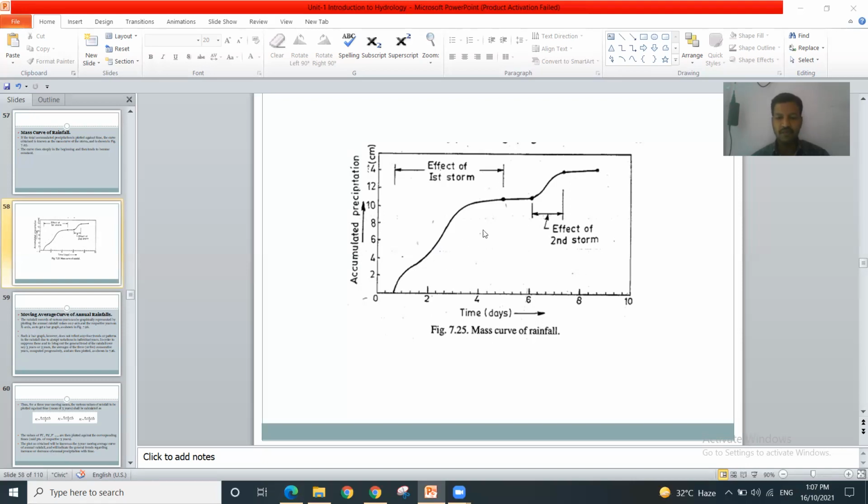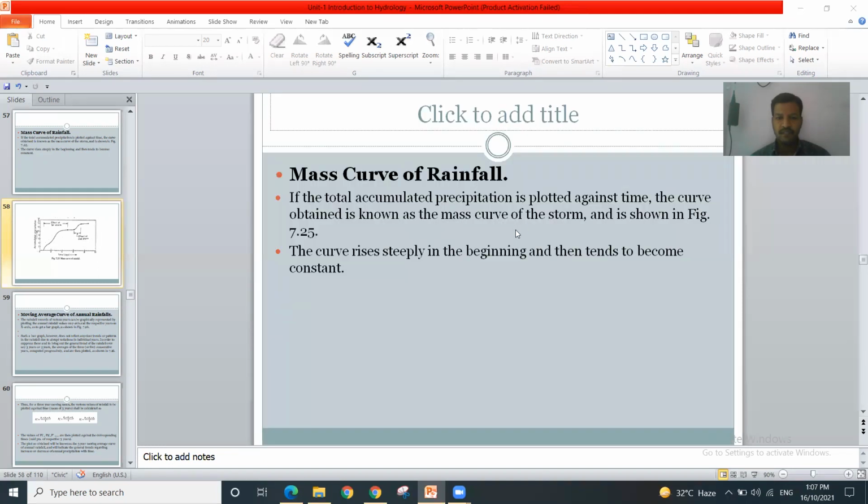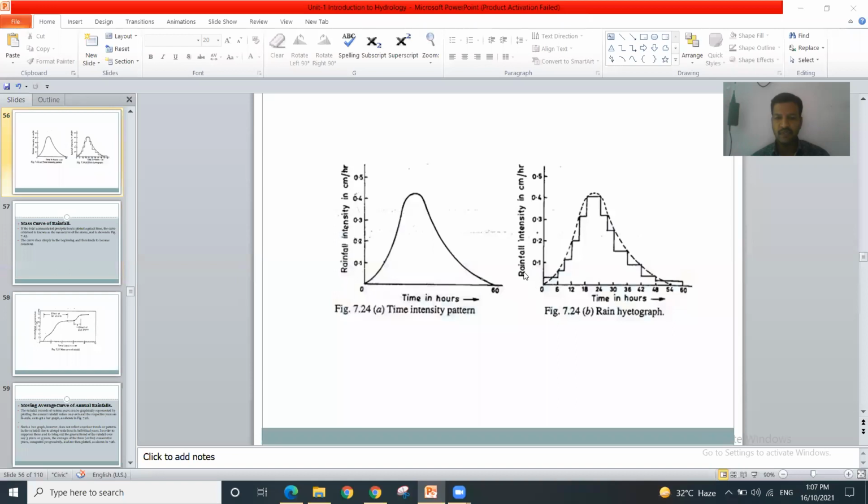This is a mass curve of rainfall. And this is a rain hydrograph, the curve which is drawn between rainfall intensity in centimeters per hour and time in hours. That graph is known as a rain hydrograph.